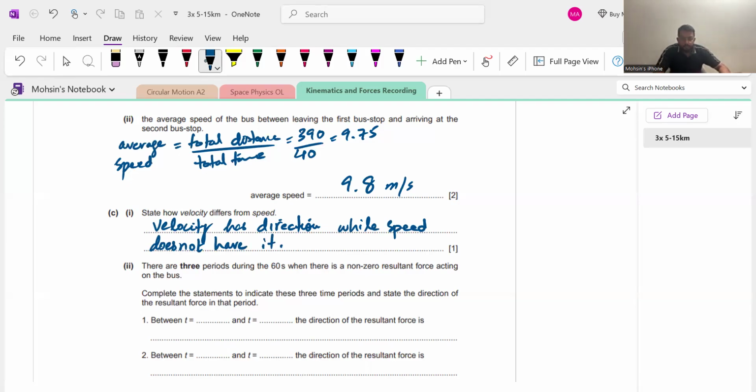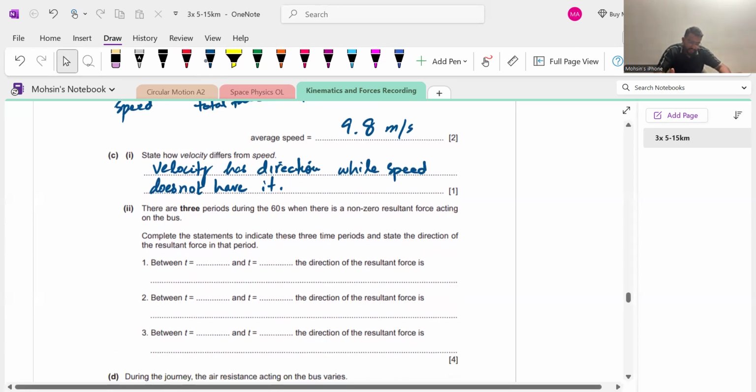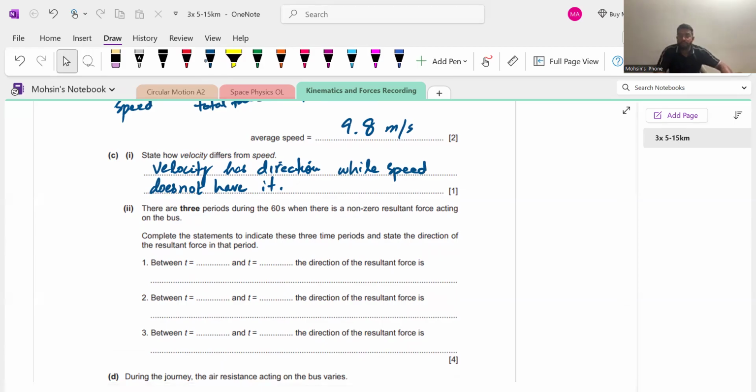There are three periods during the 60 seconds when there is a non-zero resultant force acting on the bus. They are saying non-zero resultant force, which means that there is acceleration. So complete the statements to indicate these three time periods and state the direction of the resultant force in that period.